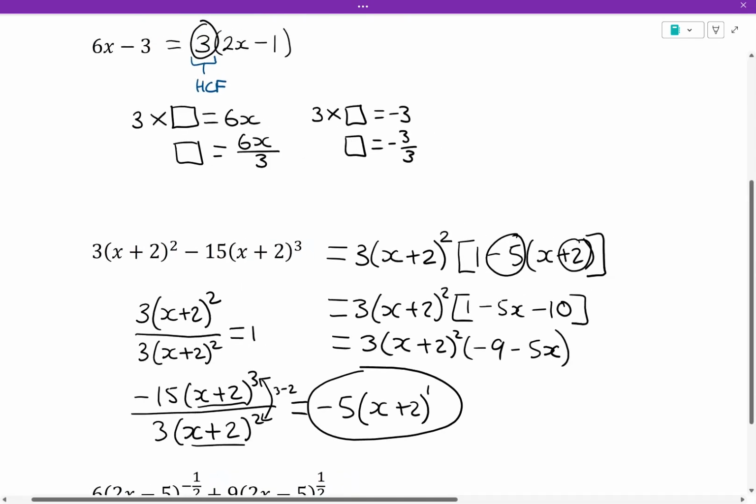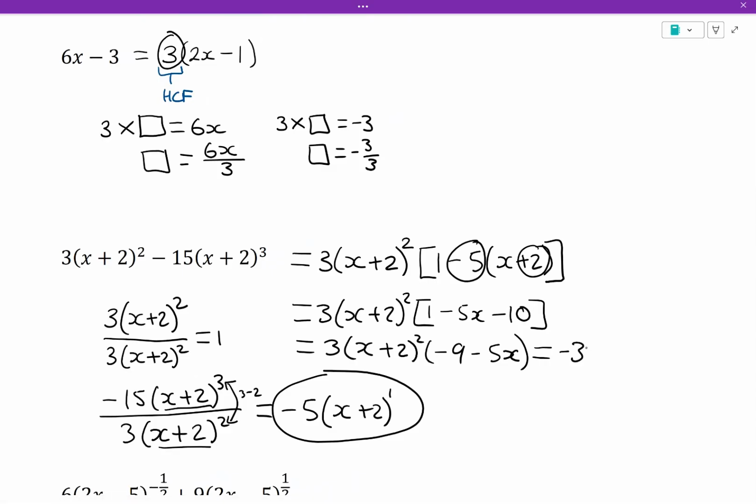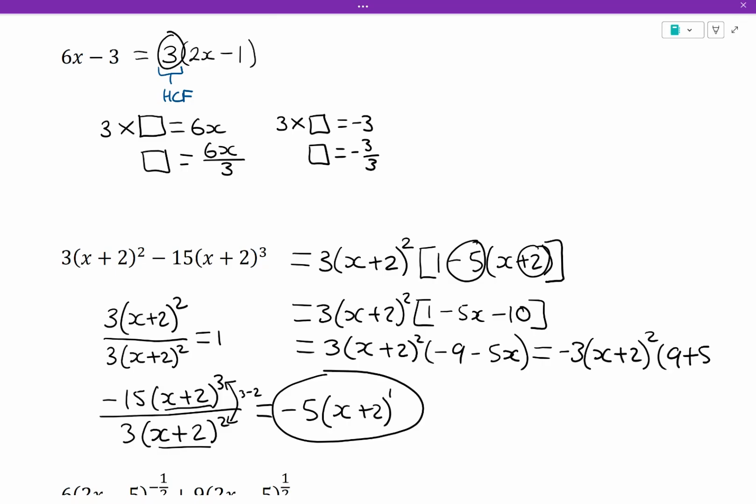However, in the bracket that I just simplified, we have a common factor of negative 1, so I can factor that out. I'm going to multiply the front by negative 1, and then the x plus 2 squared stays the same. But in that second bracket, we factored out negative 1, so if we divide both terms by negative 1, they're going to become positive. So we'd have 9 plus 5x like that.